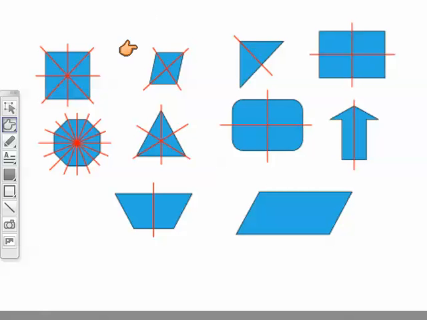So if we look at geometric objects like this square over here, how many lines of symmetry are there? Well, you can see on this one, I've drawn some lines in here. These lines are dividing the object in half, and if I folded on any one of those lines, the corners would match up. So how many of them are there?